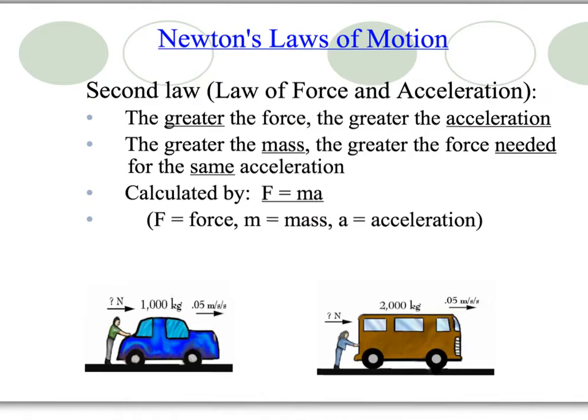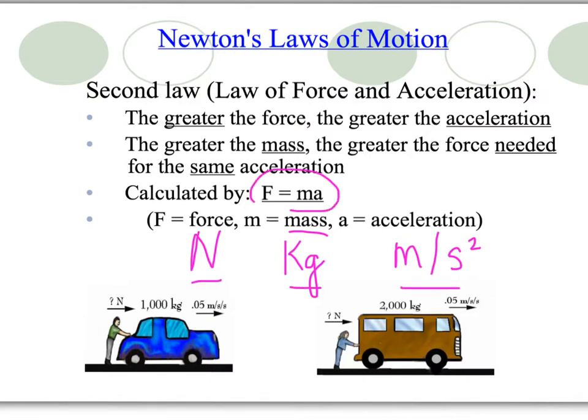We measure force in newtons. Mass we measure in kilograms, and acceleration's units are meters per second squared. Those units can help you figure out in a problem how to use this equation.